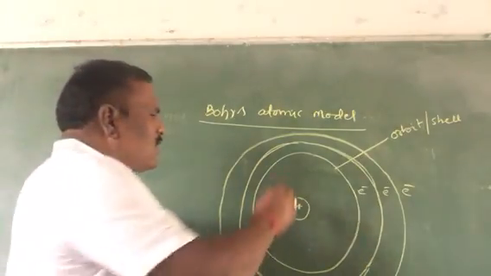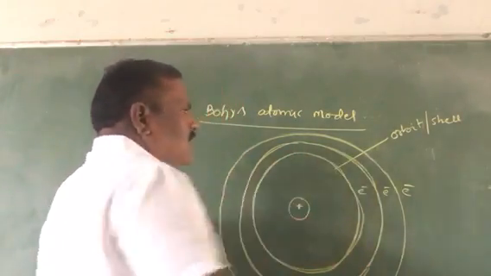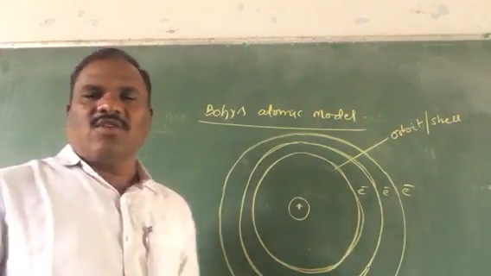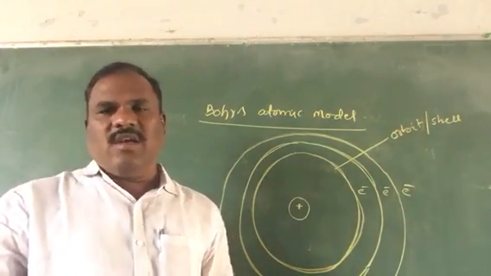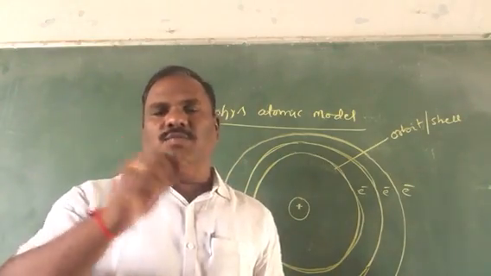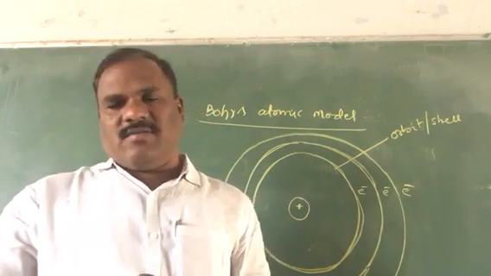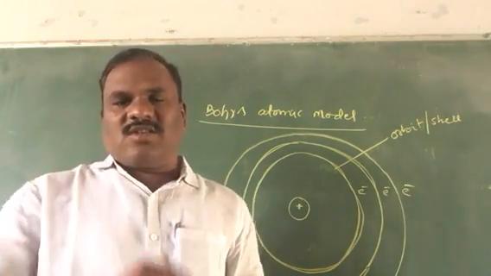The path in which the electron revolves around the nucleus is called an orbit. So according to Niels Bohr, as long as the electron revolves around the nucleus, its energy is constant.